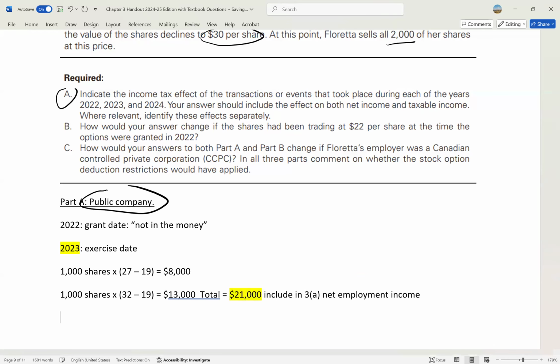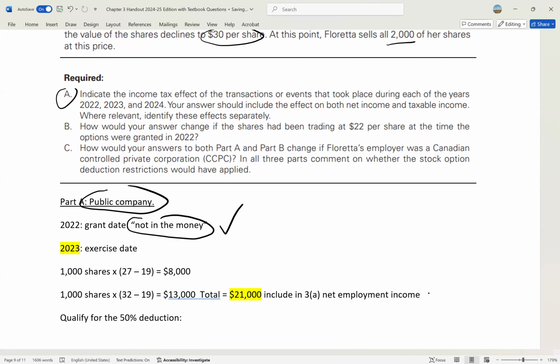But then we get the question about, does she qualify for that 50% deduction when calculating taxable income? And remember we said there's two ways to qualify. You either are granted the stock option not in the money. That's one way, which it was. The other way is if the company that granted you the stock option was a CCPC.